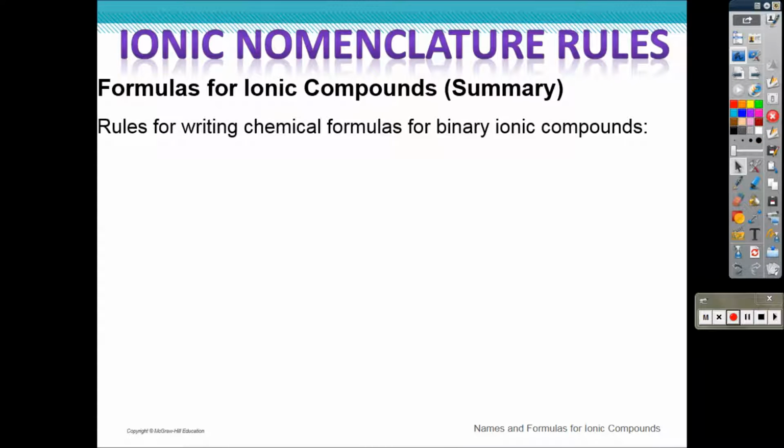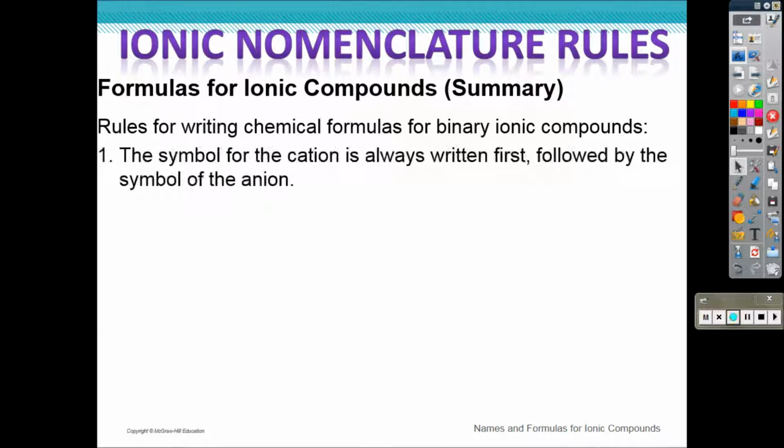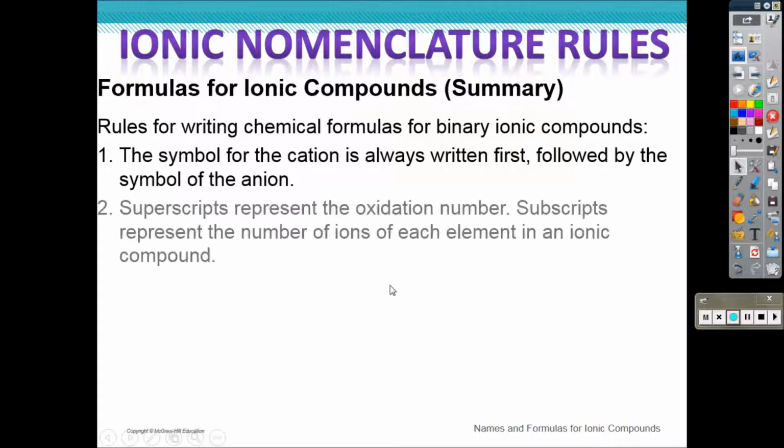So in summary, when it comes to naming ionic compounds, we just have a few rules. It's just a little difficult if you don't know how to distinguish between the different situations. But in general, when you're writing the formula or even the name, the cation will always go first and then the anion. When you're writing the formulas, you have superscripts and you have subscripts. Superscripts are the numbers that go above a symbol. They look like exponents.